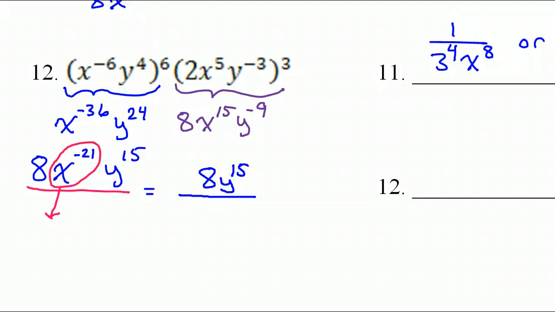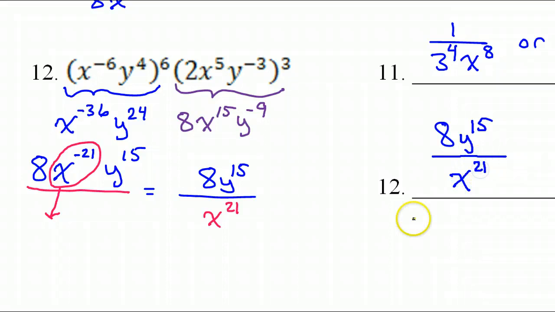But the x to the 21 power is going to drop down to the bottom. And this is the final answer. Alright, so I've got 8y to the 15th over x to the 21. Okay, and that is it for this quiz.